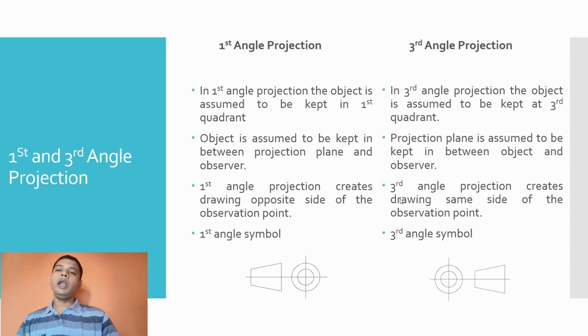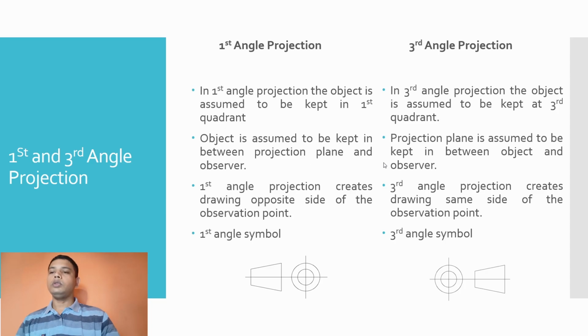In case of the third angle symbol, you are the observer standing here. This is the tapered bar, and this is the image generated due to the plane of projection. This image is not generated on the opposite side, it is generated on the same side as the observer.